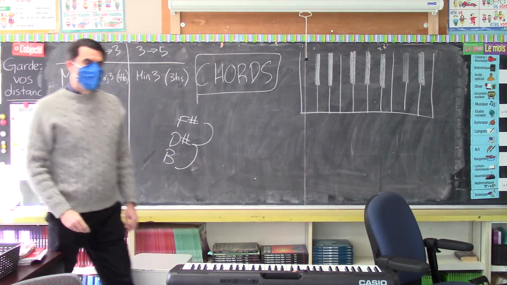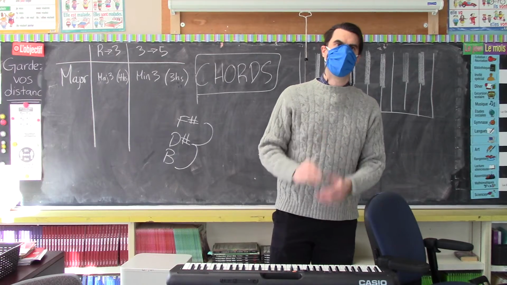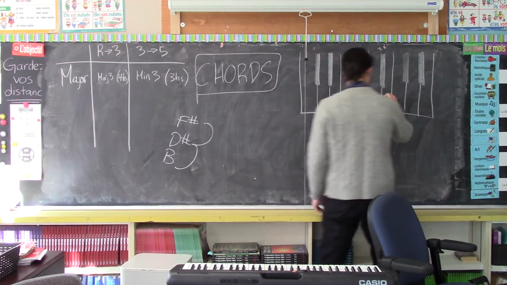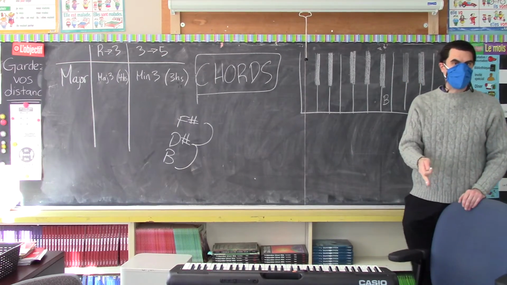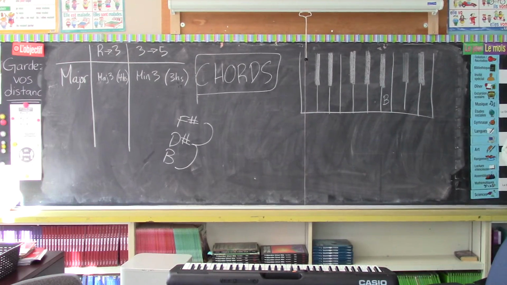All right. This is where using your keyboard, guys, is critical. If you weren't sure, let's say you're given a B to start. You know that's the root of your triad. And the question is, Timothy, put your mask on. And the question is, build me a major triad starting from B. And you're like, well, B's got a lot of sharps.